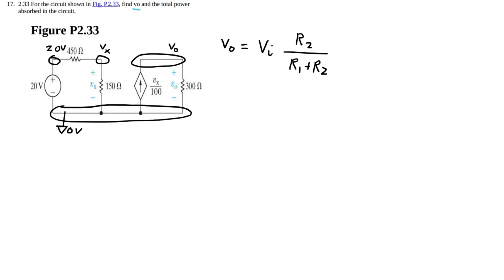Here's our input, R1, R2, and this is ground. It doesn't have to be ground, it's just your bottom leg. So here's Vout, and here's Vin. If you notice, we have R1 and R2 here.